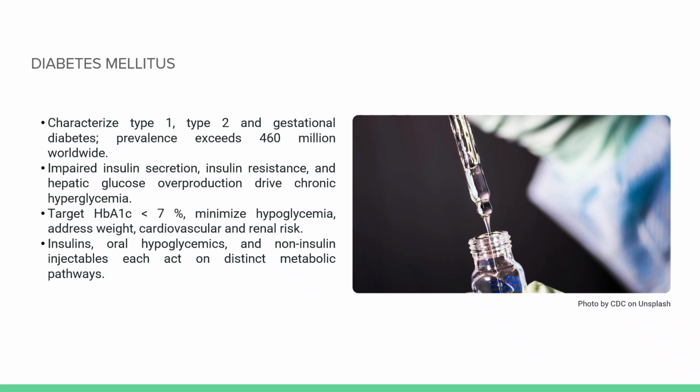The treatment goal in most patients with diabetes is to keep this hemoglobin below 7% to achieve good glycemic control and prevent complications. Then in the case of hypoglycemia, it means abnormally low blood glucose levels. Anti-diabetic therapy should control glucose without causing dangerous drops in blood sugar, which can lead to dizziness, confusion, or fainting.